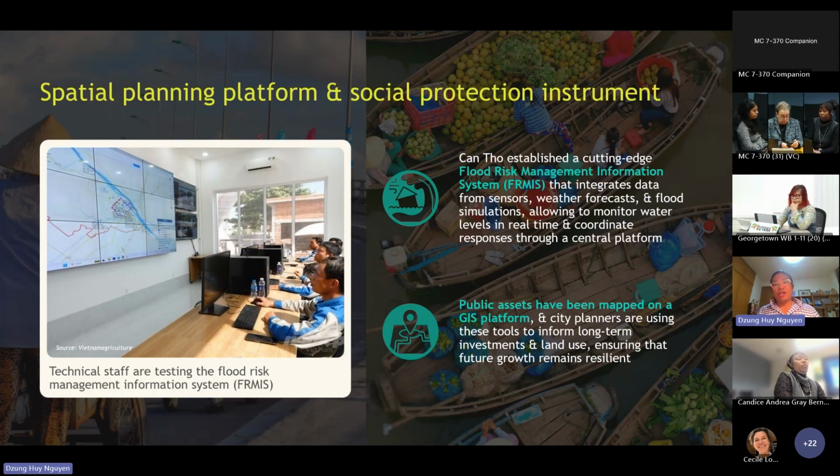And last but not least, equally important, the project also established the disaster resilient social protection system, which is all integrated.